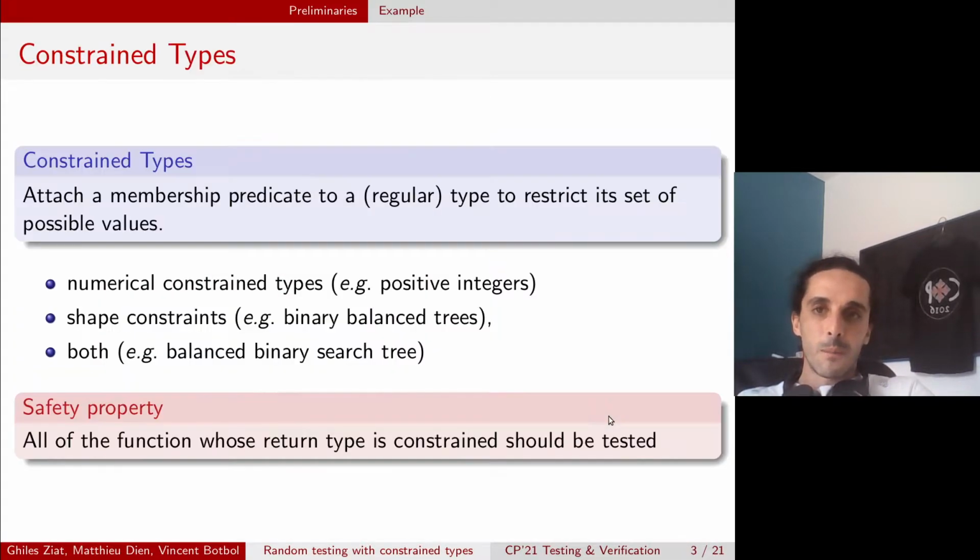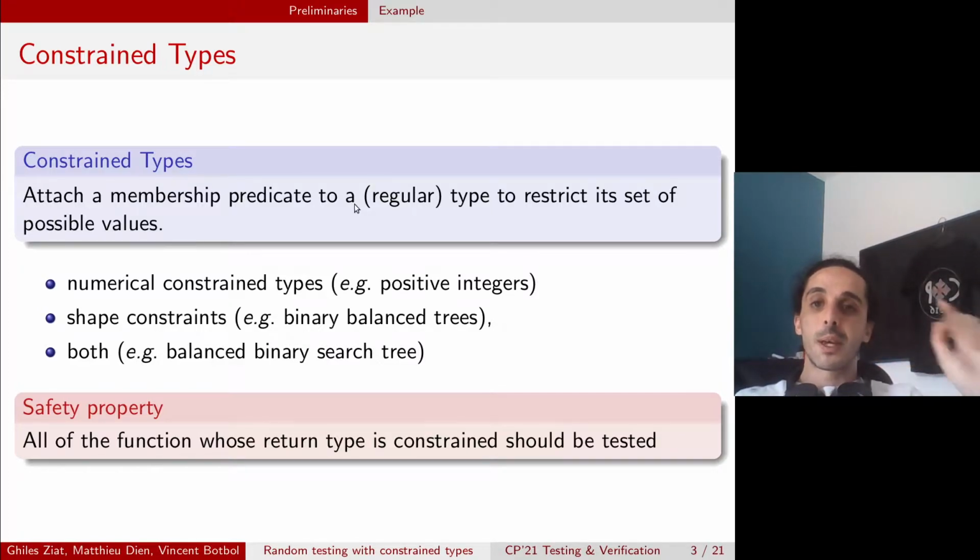These type errors are tied to what we call constraint types. Constraint types attach a membership predicate to a type, and this membership predicate restricts the set of possible values the type can take.